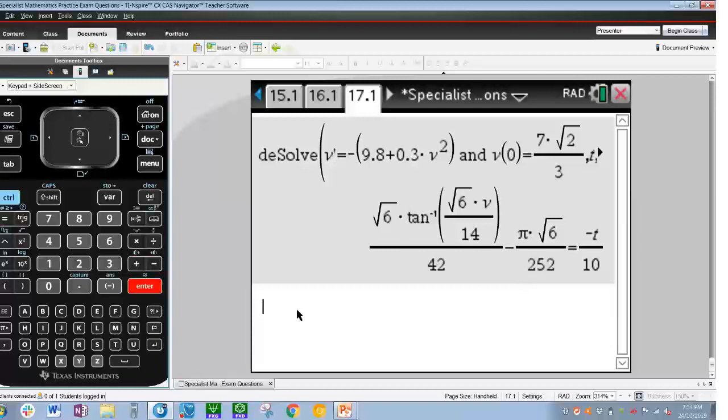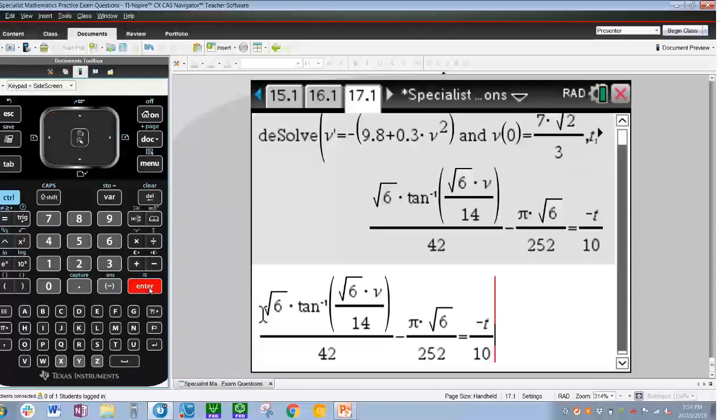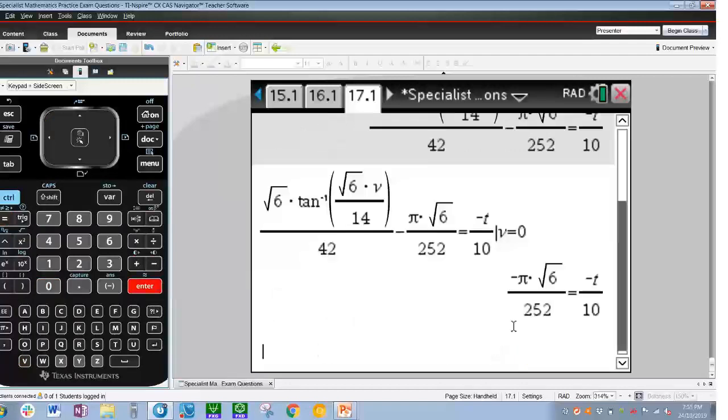The question now talks about the time taken for the pebble to reach its maximum height. We know that the pebble reaches its maximum height when its velocity equals 0. So let's substitute in v equals 0. Press up, enter, control equal, left, given v equals 0. Hit enter, and we get an equation that has only t in it.